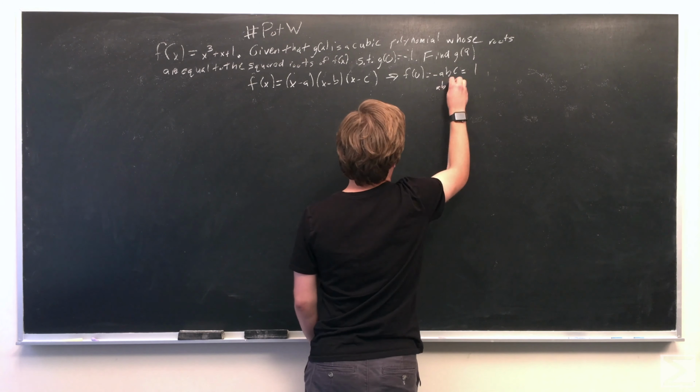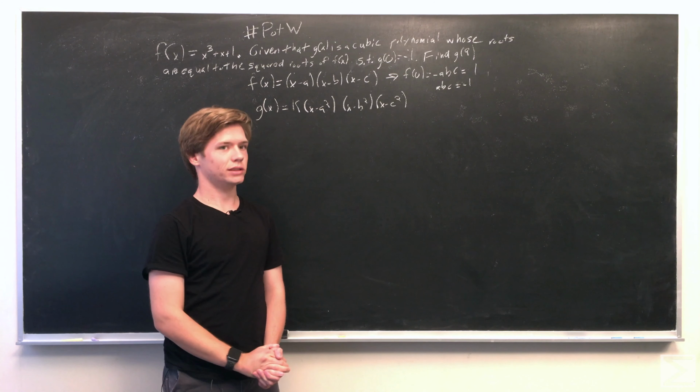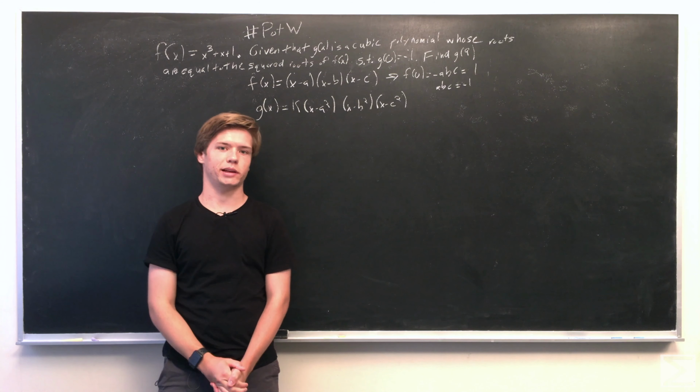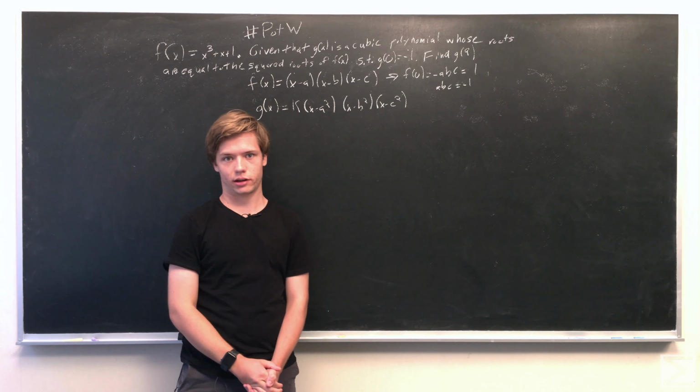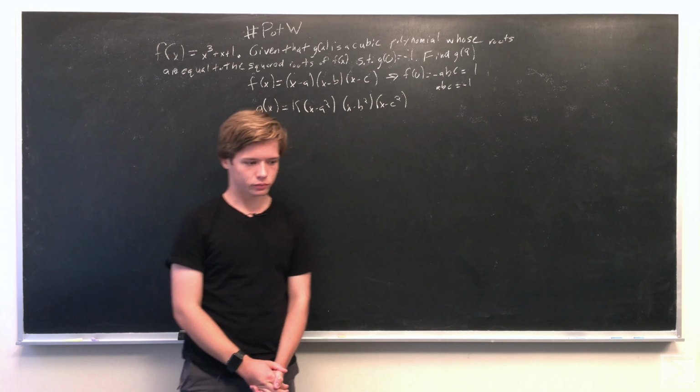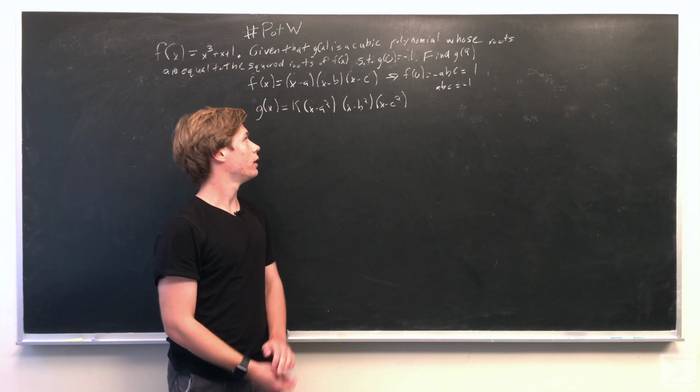And so as you can see, we've written g of x as k times x minus a squared times x minus b squared times x minus c squared, where k is some multiplier. So what we do now is we figure out what k is equal to.